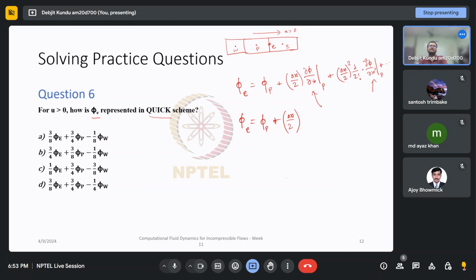So using central difference, ∂φ/∂x at P should be (φE minus φW) divided by 2 delta x, and for the second term, the second derivative, we will have ∂x squared divided by 8, because 2 into 4, sorry, 2 squared is 4, 4 into 2 is 8.